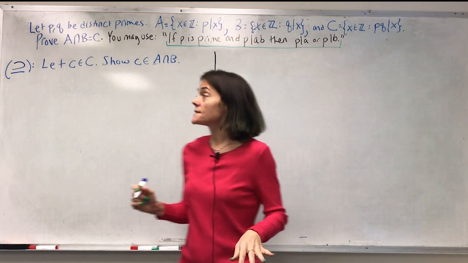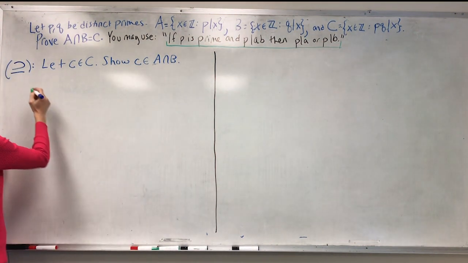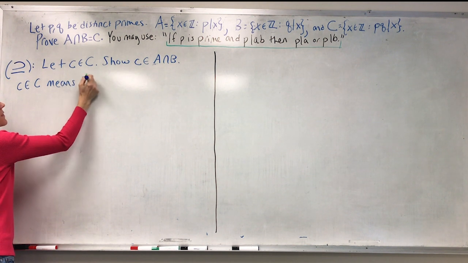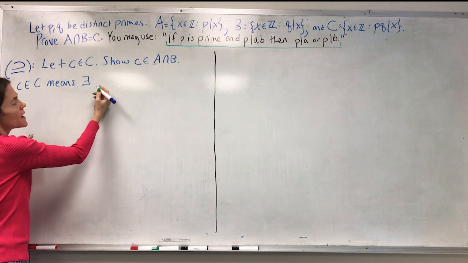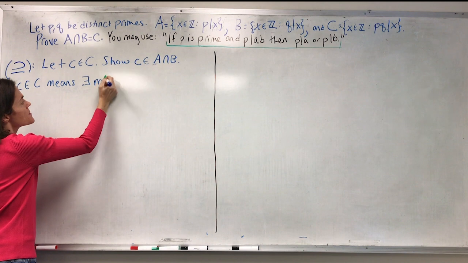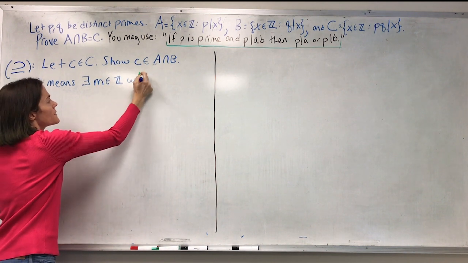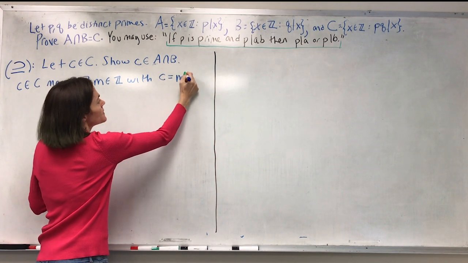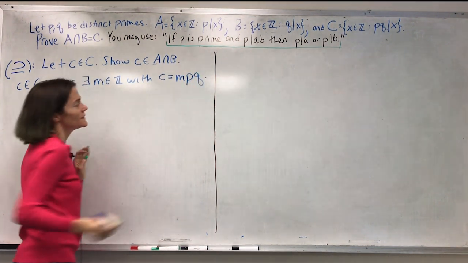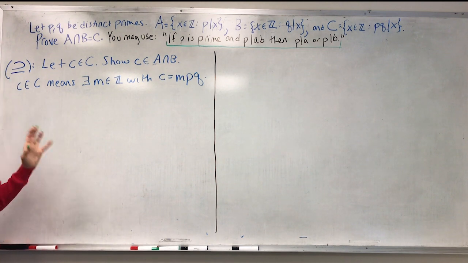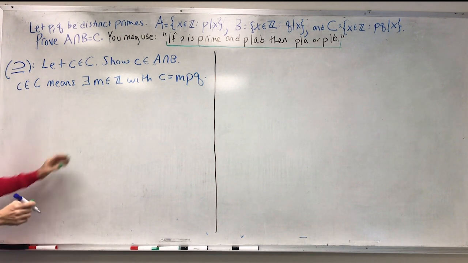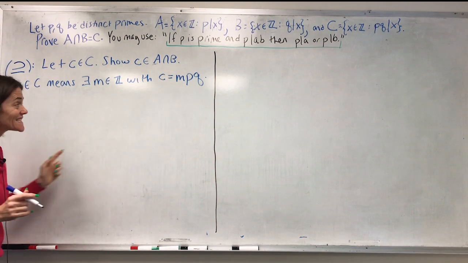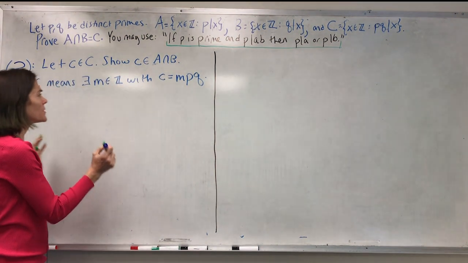Now we look at c. Means there exists an integer, let's say m, with c equals mpq. This is the definition of being in capital C. Okay, now we will get that c is in both A and B by just writing this exact thing in a couple of ways.